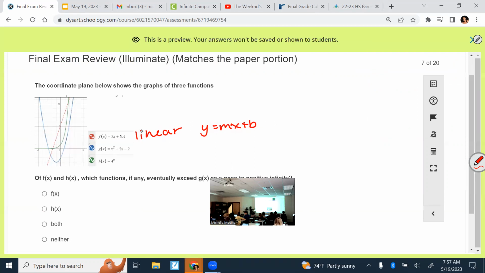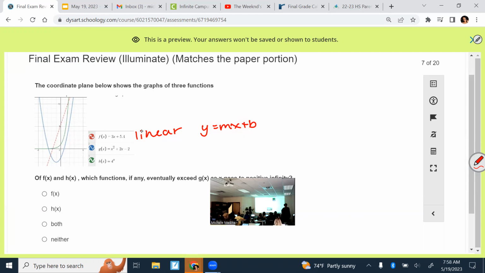And then h of x, what type of function is h of x? It's that green line. Okay, no one can tell me. So then, what type of function is g of x?